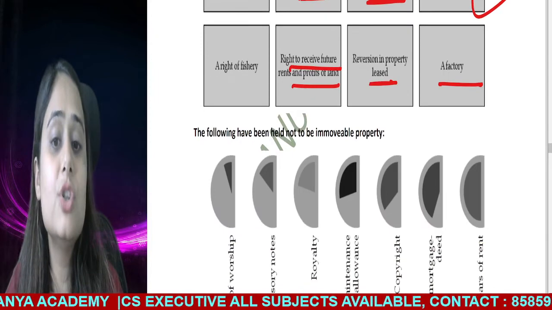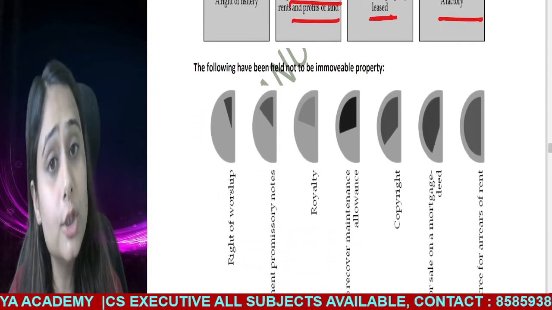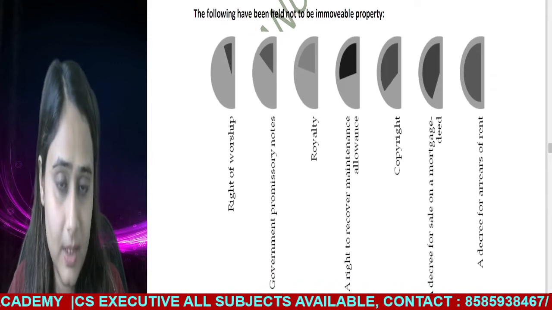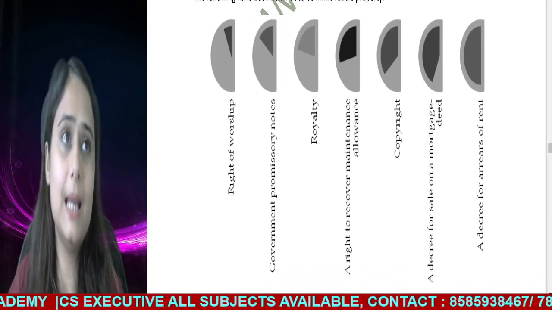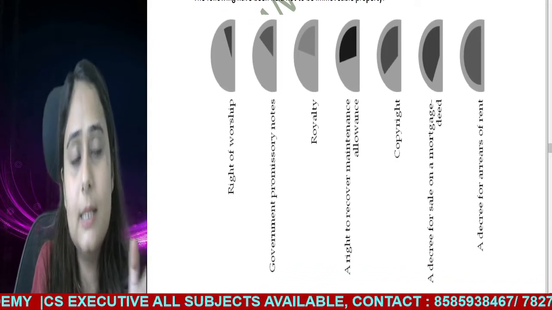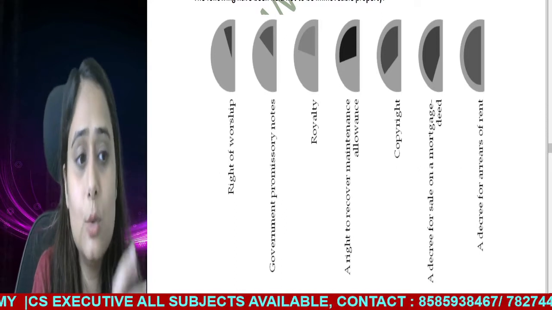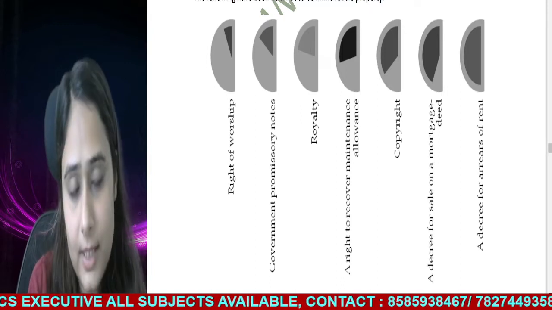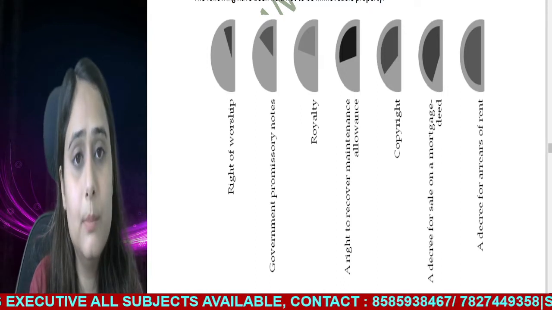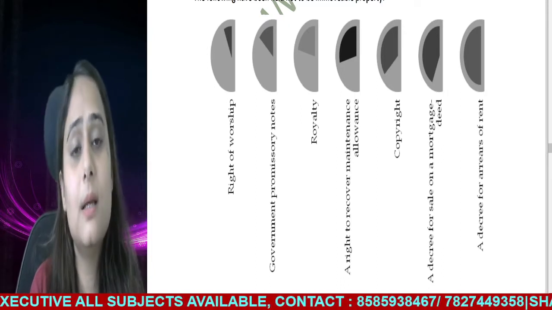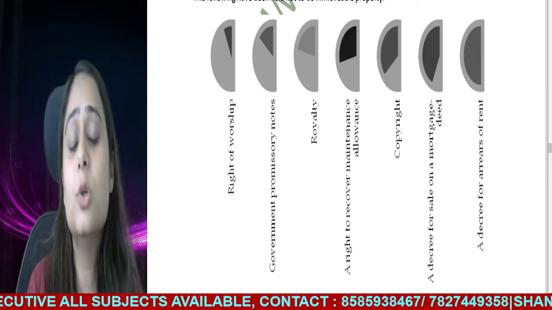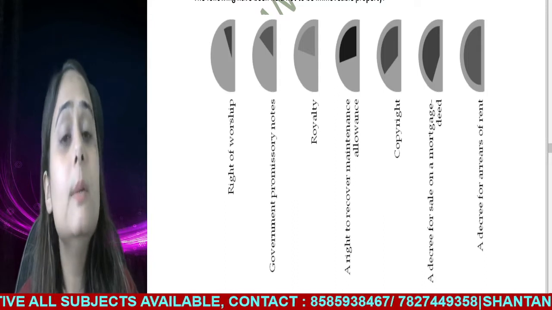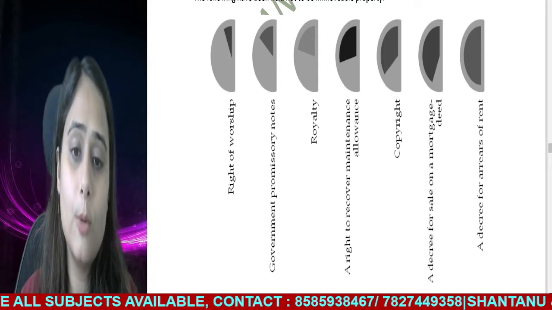Then the following which have been held not to be immovable property. What are they? Right of worship. Correct. This is not an immovable property. As in, there is a temple. Correct. So a trustee cannot say, unless it's a private thing, that that particular temple belongs to me and no one can come to my property to worship. No, the right to worship is not immovable property. Government promissory notes are not immovable property.